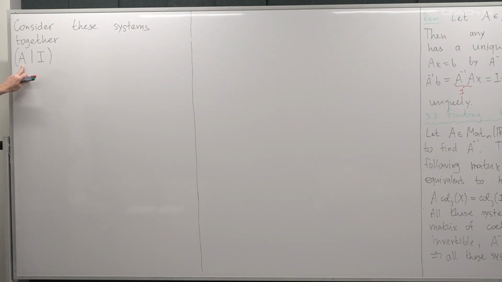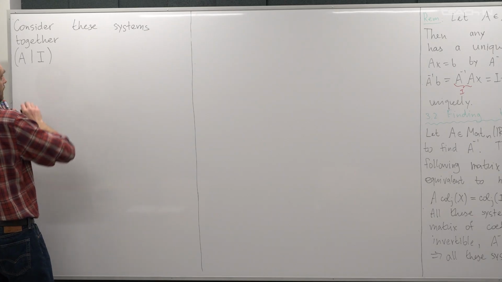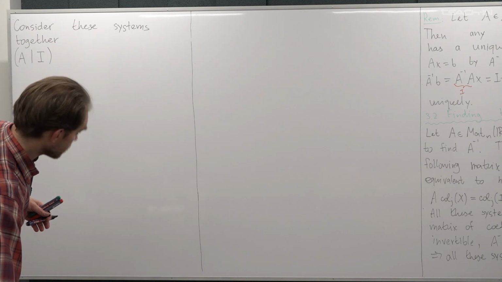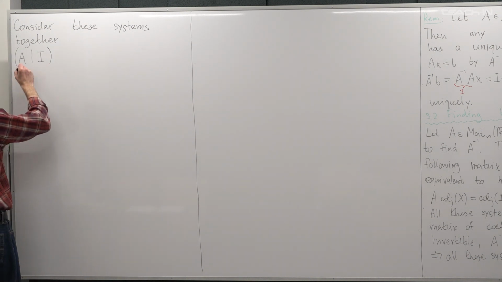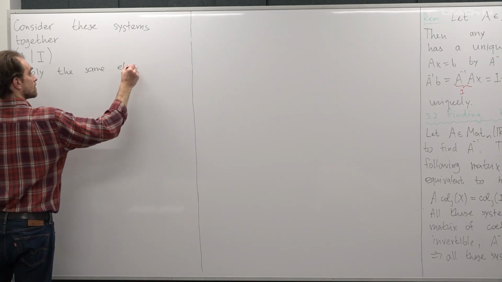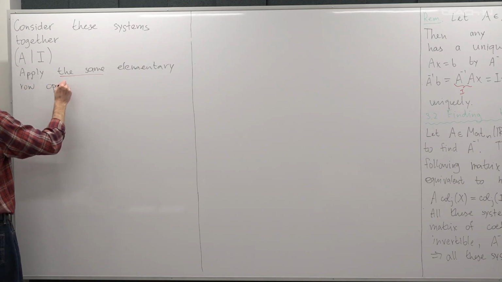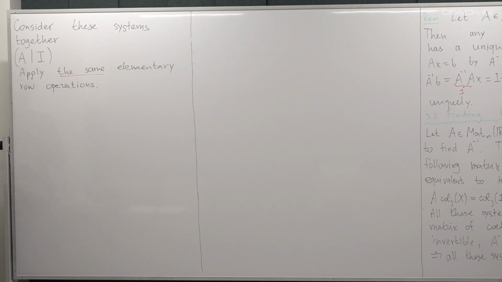In the case of one linear system, we attach just one column of the right-hand side, and here we have n different systems, so we attach n different columns of right-hand sides, and so we apply the same elementary row operations.